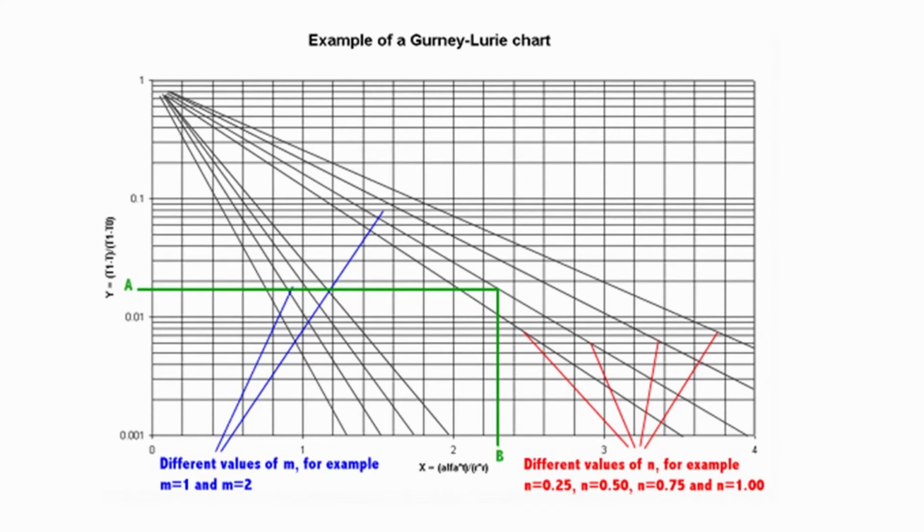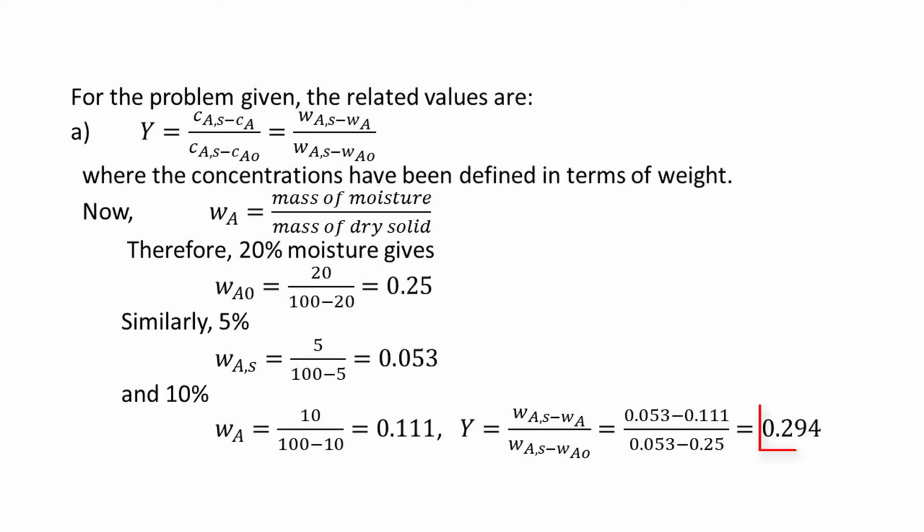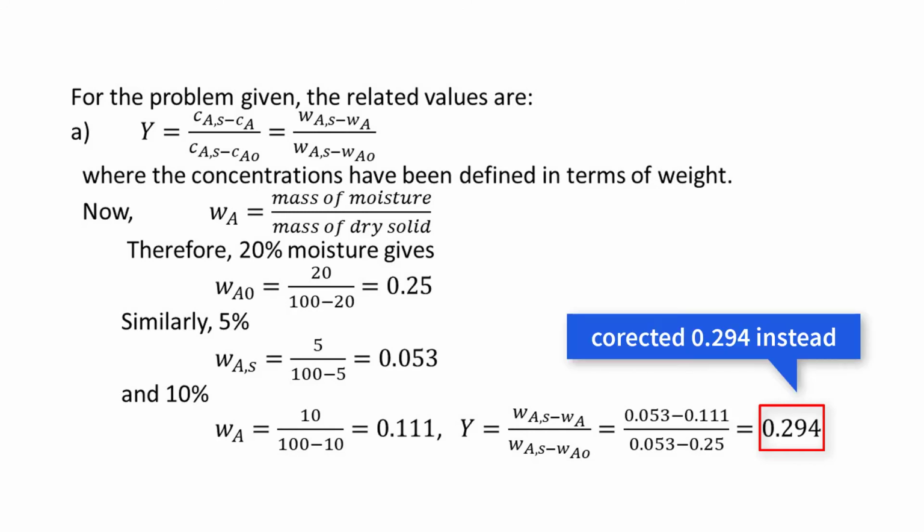So we got Y of what? Let me go back and check. Y was 0.94. Oh, sorry.